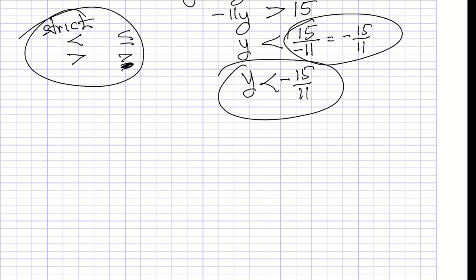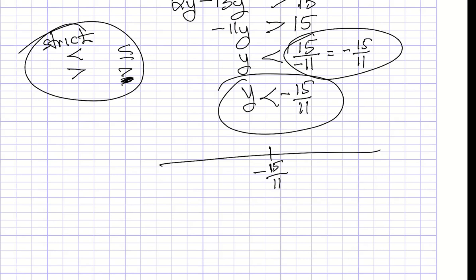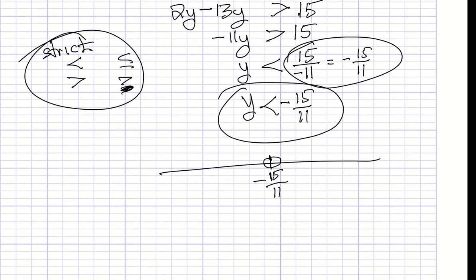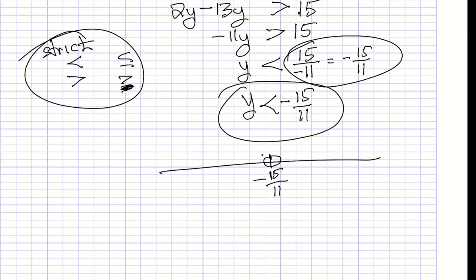So how do we draw that? We'll go like that, negative 15 over 11. So it's less than negative 15 over 11. It's a strict inequality, so the point is not included.